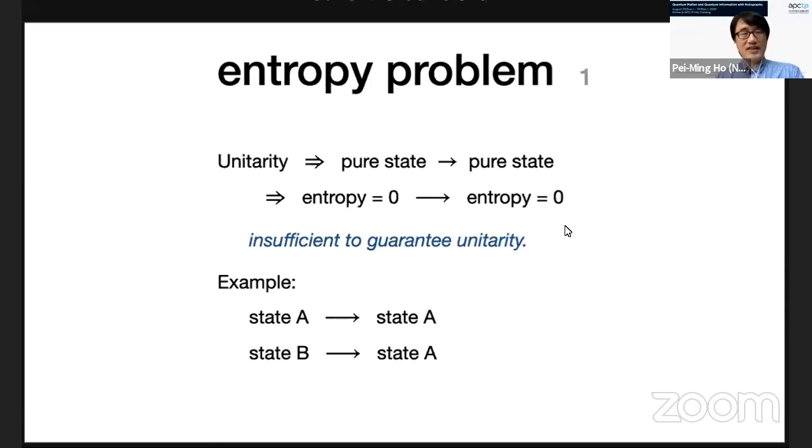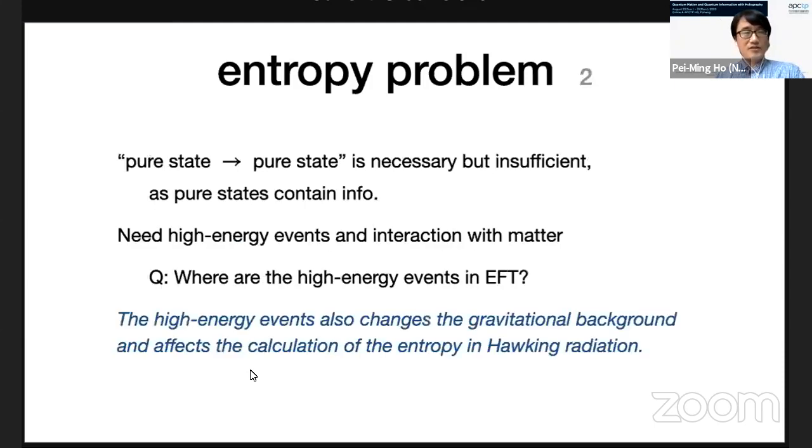But this is actually not enough to guarantee unitarity, because you can have state A and state B, both evolving to the same state. In both cases, the left-hand side and right-hand side are both pure states and entropy vanishes, but clearly, if your theory predicts both lines, then this theory is not unitary. So still, you need high energy events to distinguish.